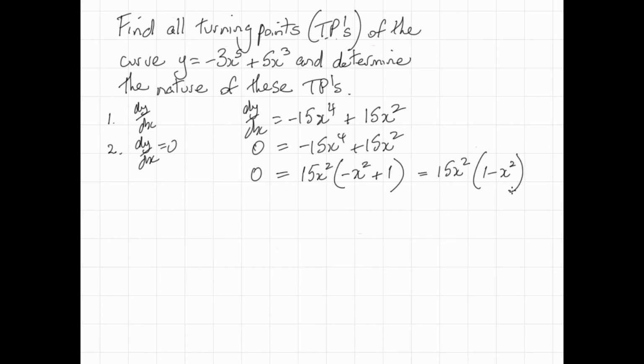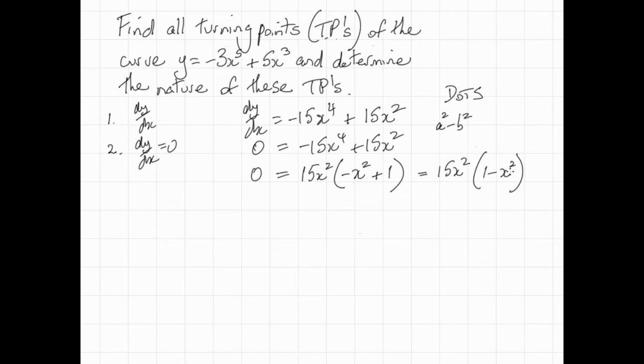And you say, well, that's factorised it, but in fact it hasn't factorised it completely. We look at this second one and it is factorisable. You should twig that this bracket is in the form of a squared minus b squared, the difference of two squares. There's a square there and a square there.